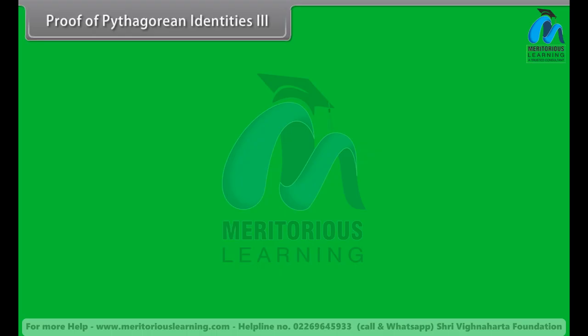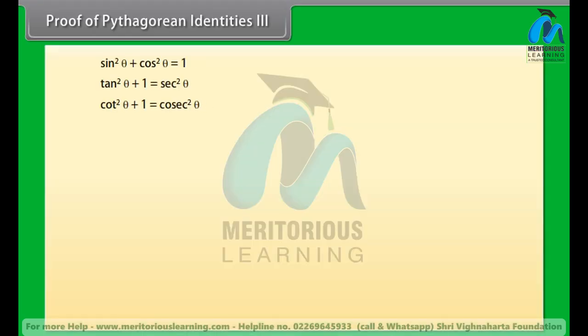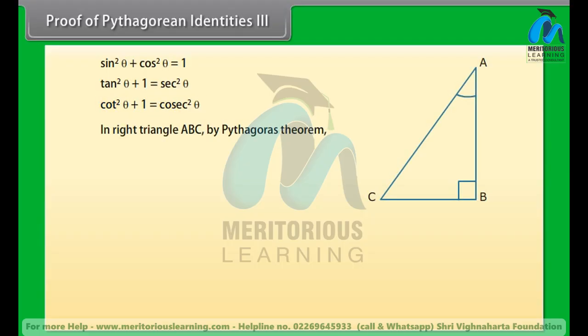Proof of Pythagorean identities 3. The last identity is cot² theta plus 1 is equal to cosec² theta. To prove this, we will again take a right triangle ABC. So, by Pythagoras theorem, AB² plus BC² is equal to AC².